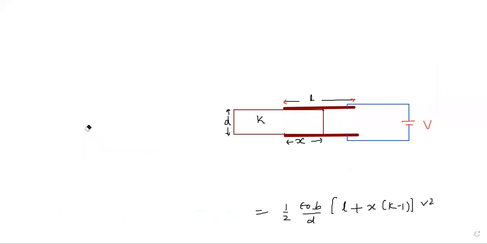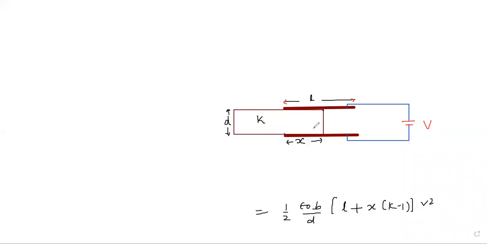Now let force F be applied to ensure the motion of the dielectric in a smooth way. The electric field will apply a force in this direction, so there must be an equal and opposite force in this direction.